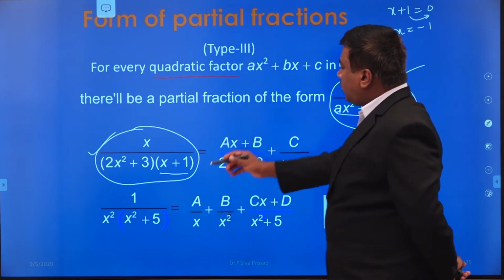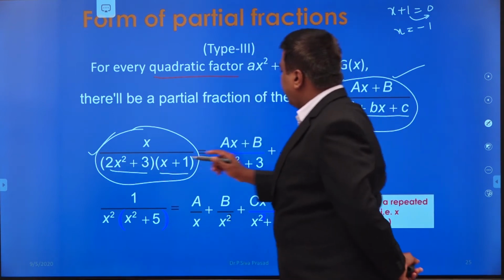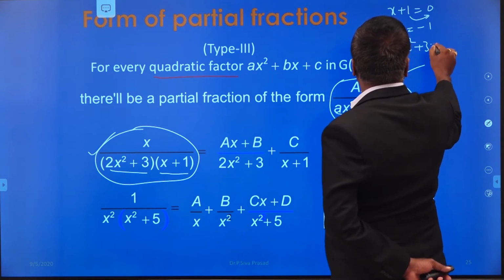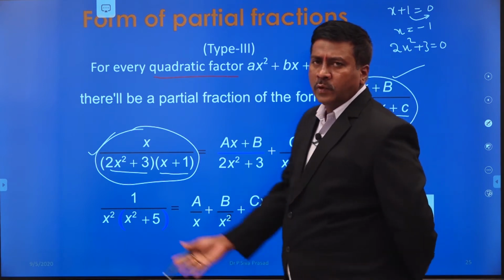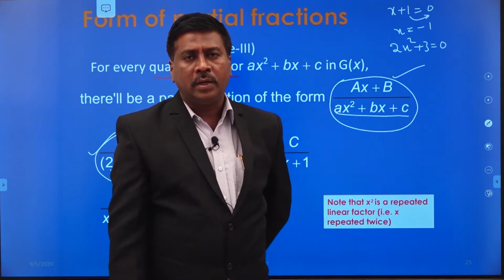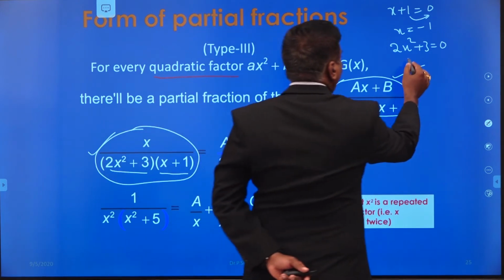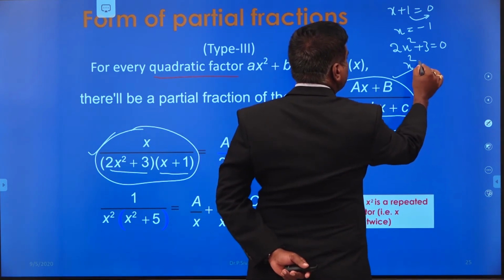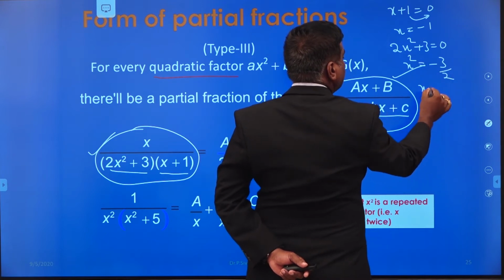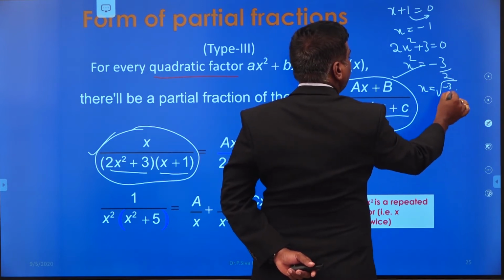Now coming to 2x square plus 3. Suppose you equate 2x square plus 3 equal to 0. You cannot factorize this algebraic factor. To find the value of x, x square is equal to minus 3 by 2, so x is equal to square root of minus 3 by 2.